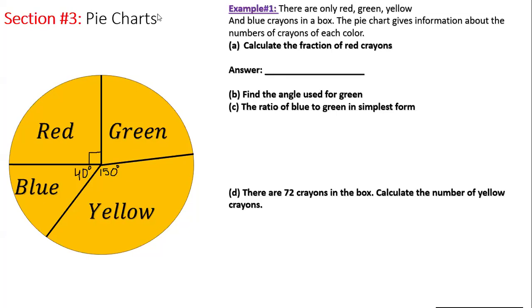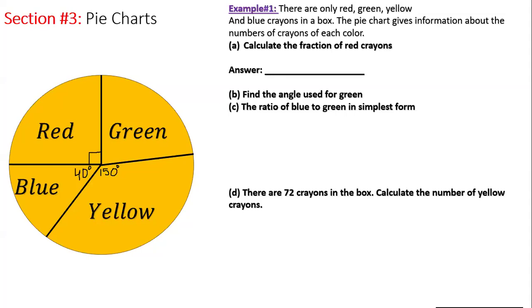Example number 1 is on the screen. There are only red, green, yellow, and blue crayons in a box. The pie chart gives information about the numbers of crayons in each color. Calculate the fraction of red crayons.